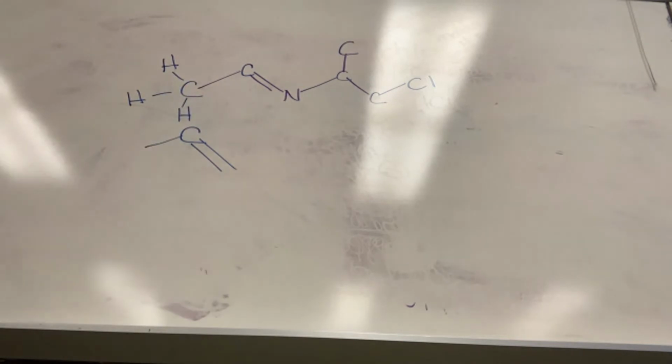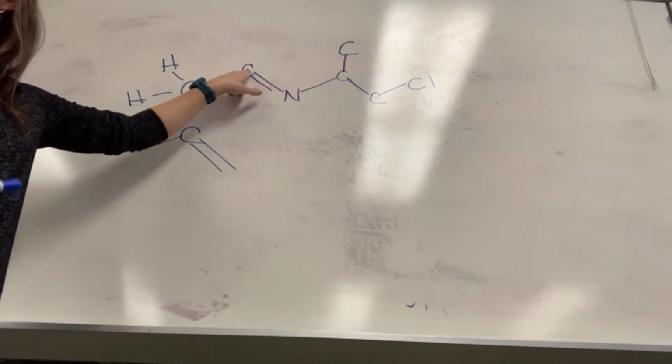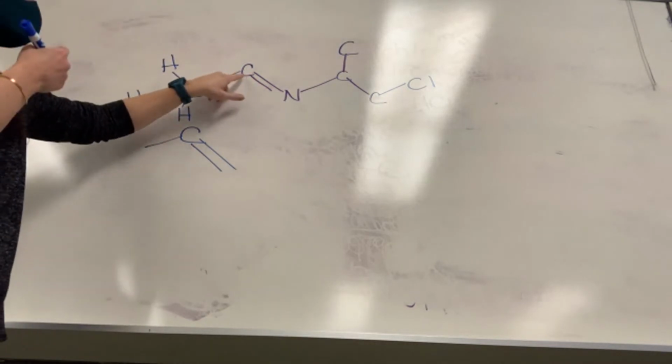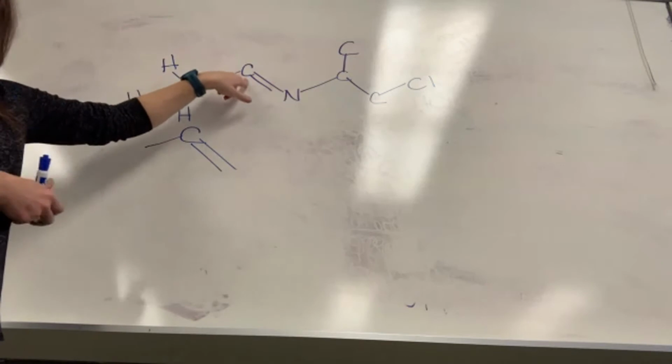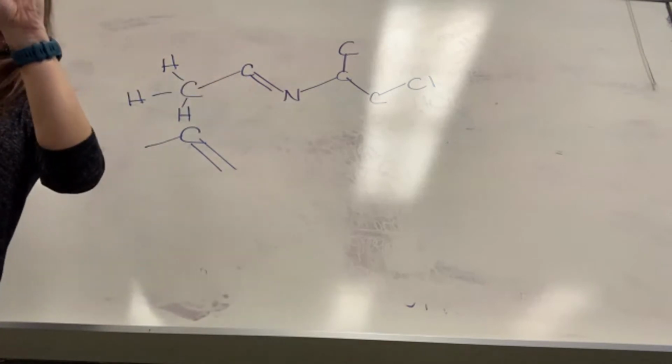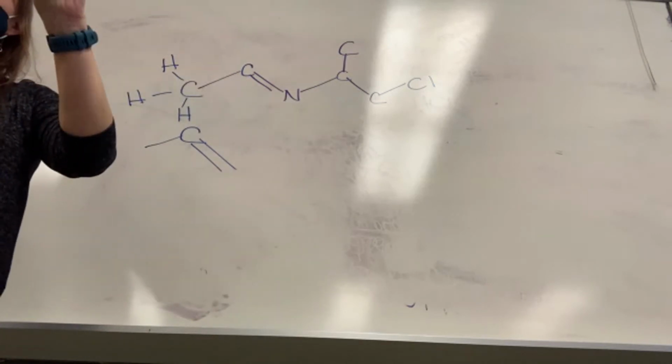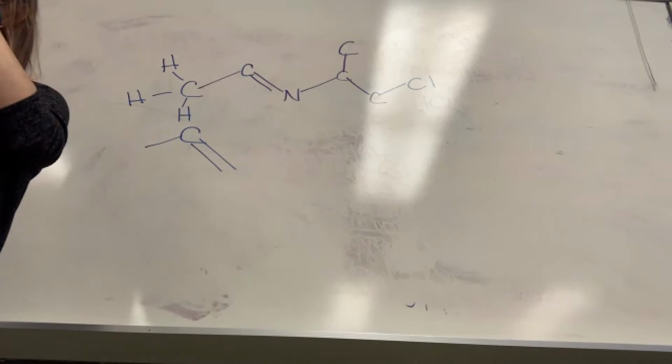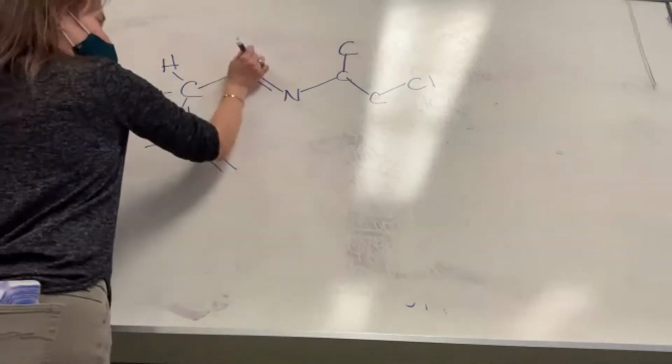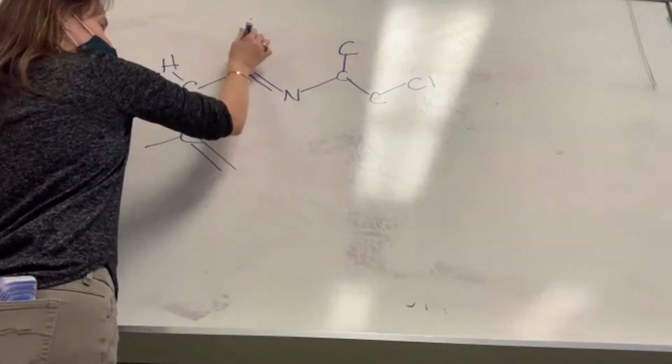Now how many bonds does that carbon have? 4. Move on to the next one. How many bonds does this second carbon have? 3. What's our goal? 4. So how many do I need to draw? Just 1. So you're going to draw a bond to 1 hydrogen.